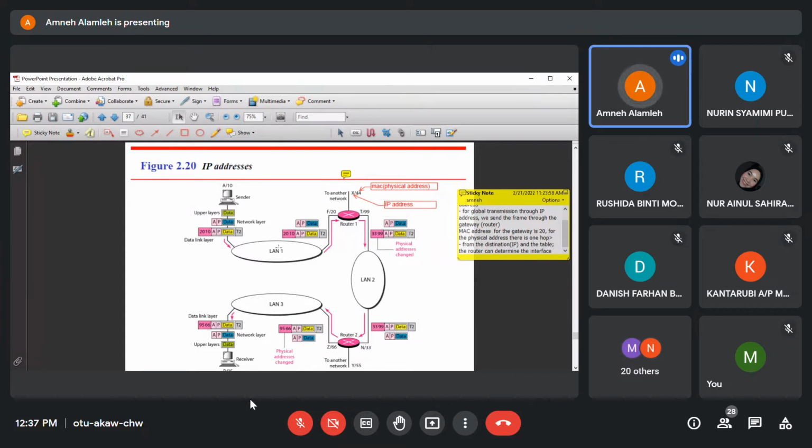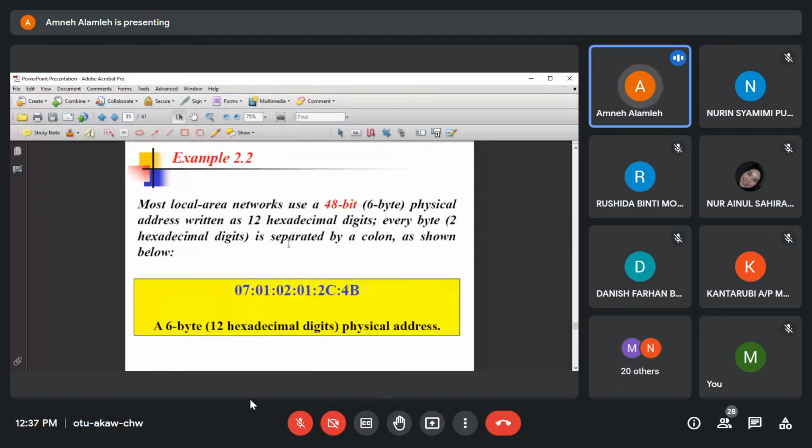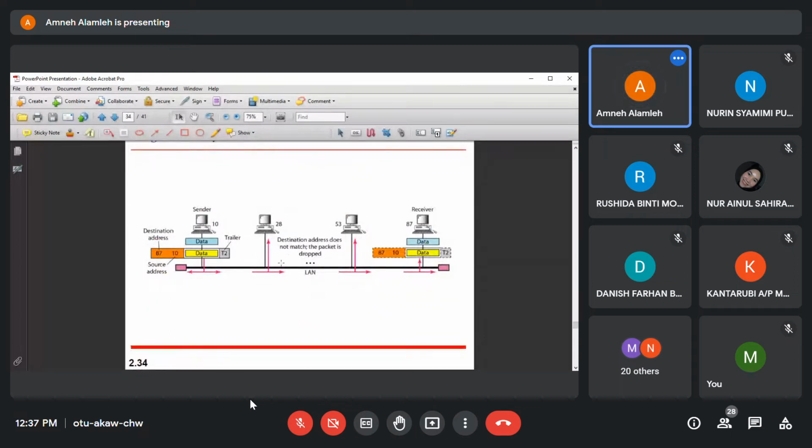We said last lecture, when we transmit at the same LAN, like the previous example, the sender and receiver are on the same local, the same LAN. So they don't need to use the IP address, they only use the physical address or MAC address.